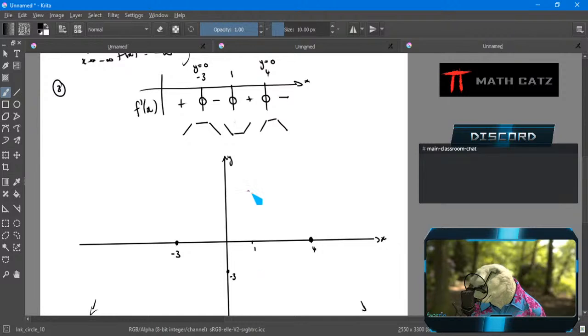Okay, so the step 3 information tells me that I'm making a little crest as I pass through -3. At 1, I'm making a little cup, which, if I'm going to go down through this y-intercept, has to sit below it. So I'm going to put that point somewhere over here.